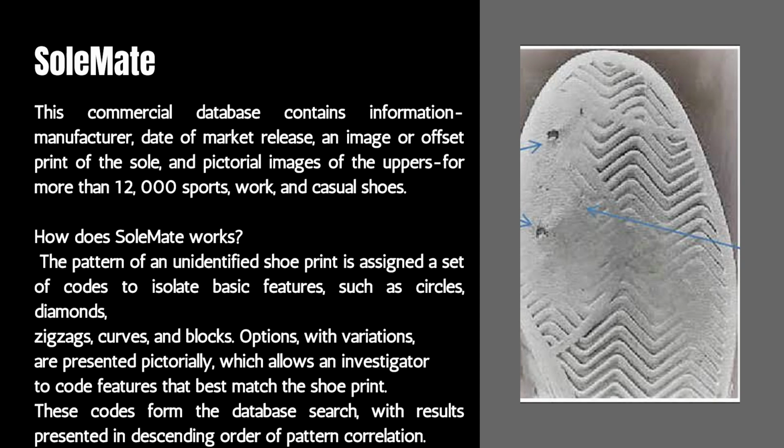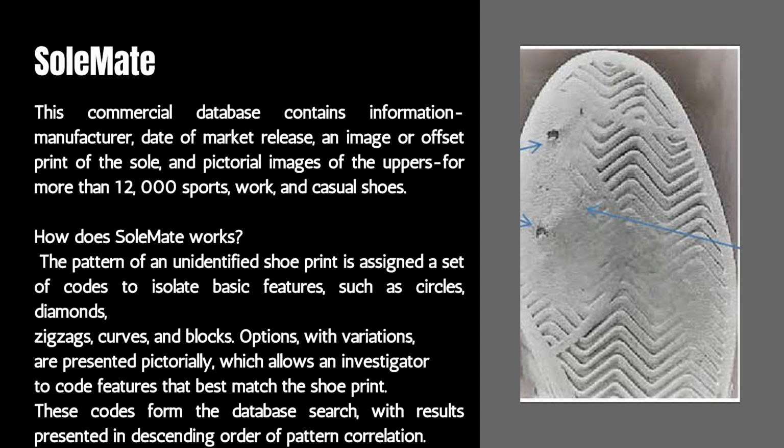Soulmate. This commercial database contains information such as manufacturer, date of market release, an image or offset print of the sole, and pictorial images of the uppers for more than 12,000 sports, work, and casual shoes. How does Soulmate work?